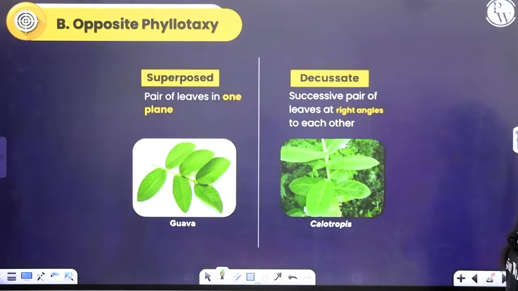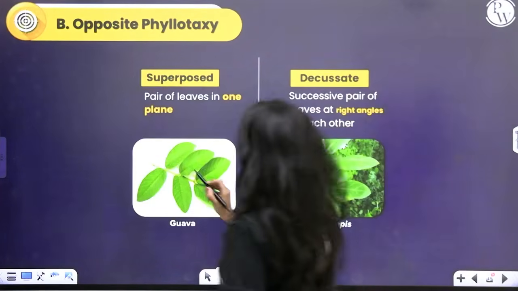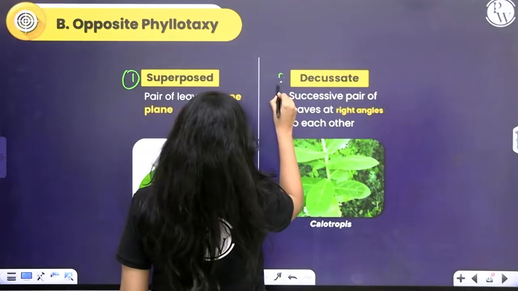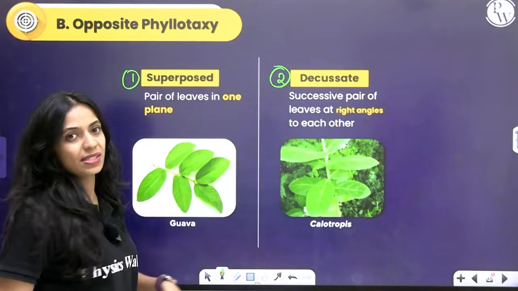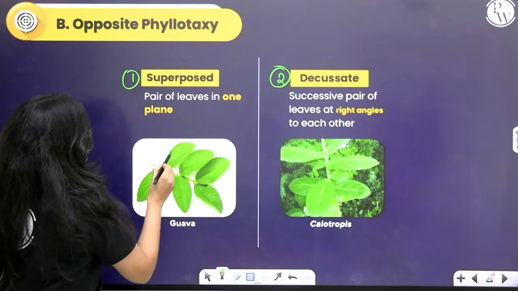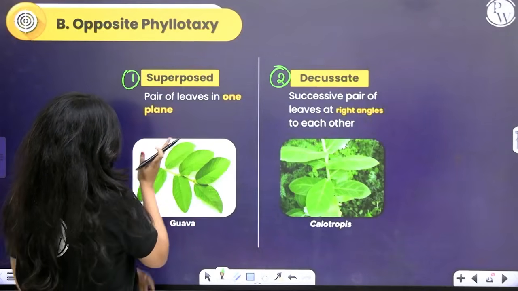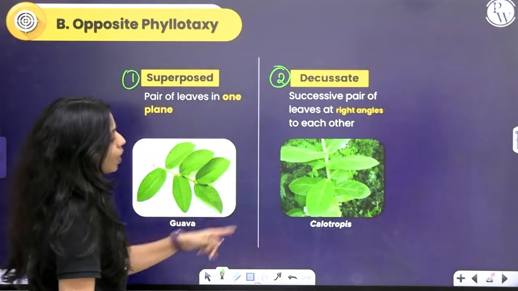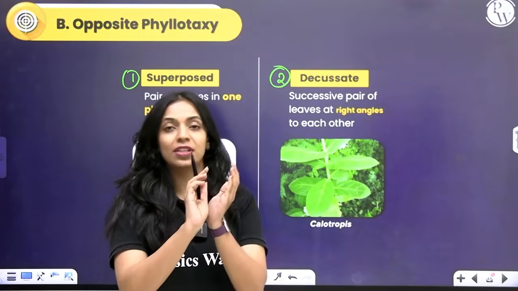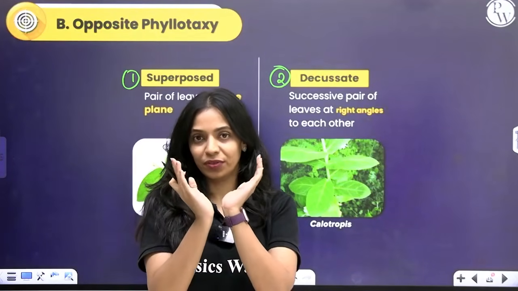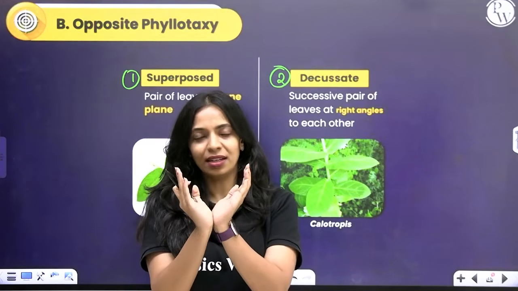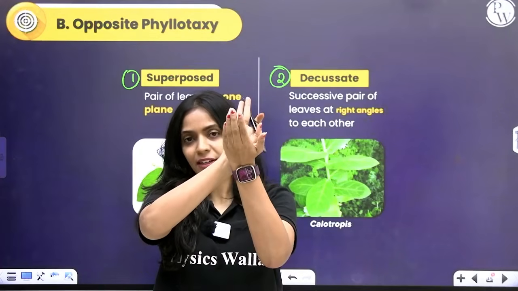For opposite, you have two types. One is opposite superposed and the other one is opposite decussate. The difference between these two is that in superposed, you can see that the pair of leaves that are present at each node, they are present at the same plane, at the same angle at each node. Over here in decussate, you see if this is one node, at one node if the leaves are in this plane, in the next node it will be at right angles, 90 degrees, it will be like this.